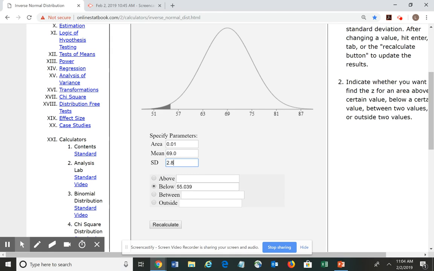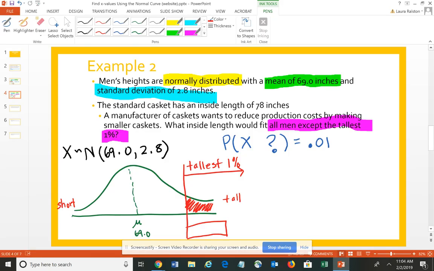And this time I want to be above a particular value. Notice how the picture at the top looks similar. It shows that we're cutting off this little grayed out region on the top because we're cutting off the tallest. So it's 75.515.